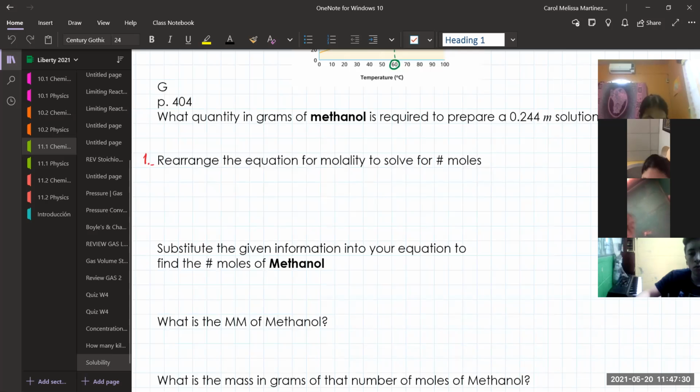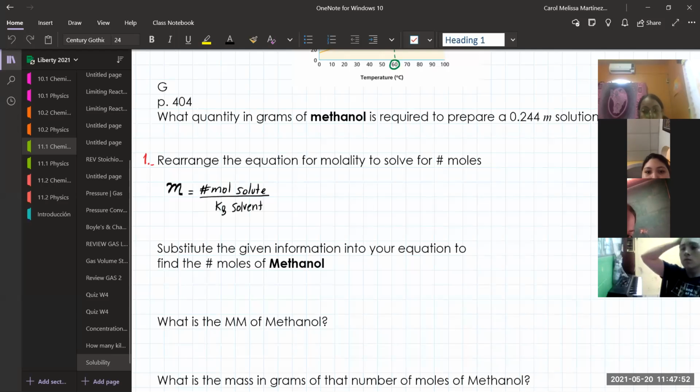So we know that molality is equal to number of moles of solute divided by kilograms of solvent. Now, take a look here.